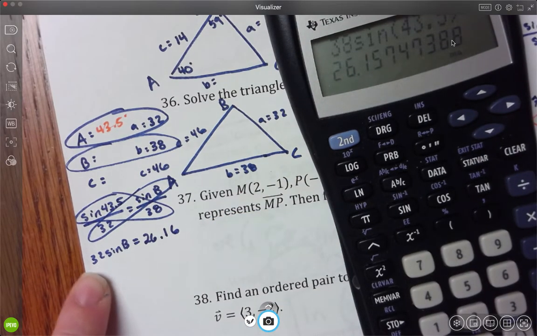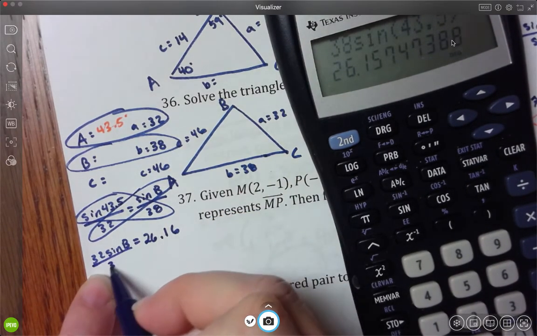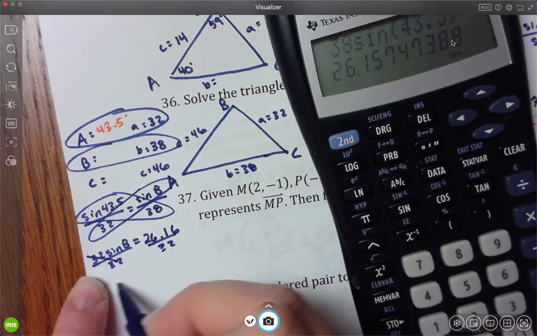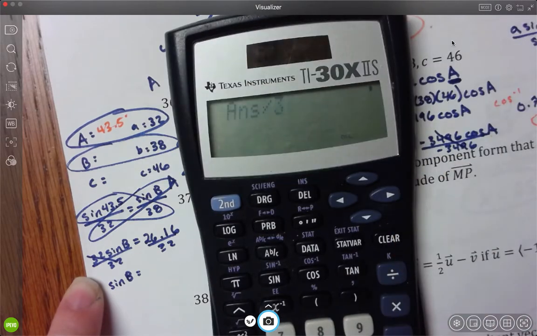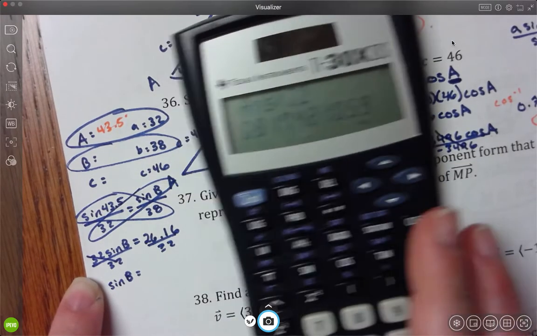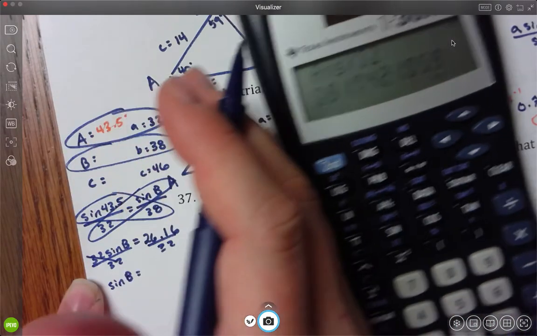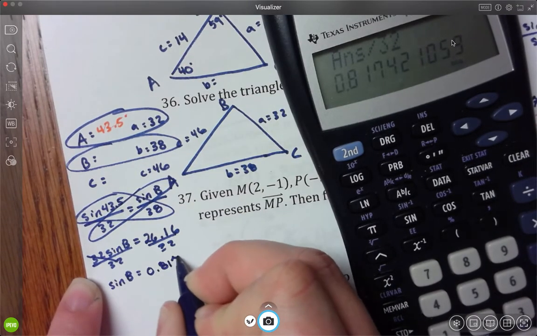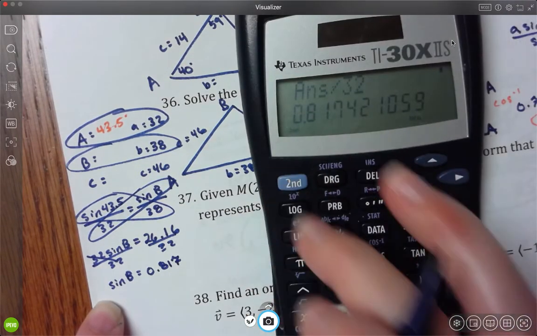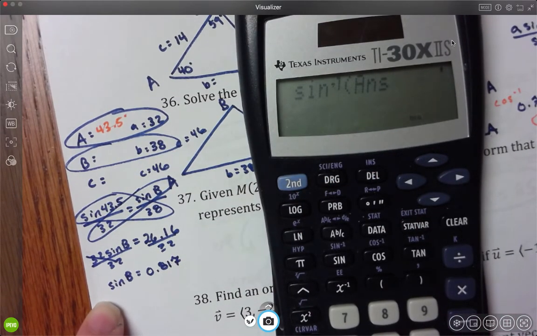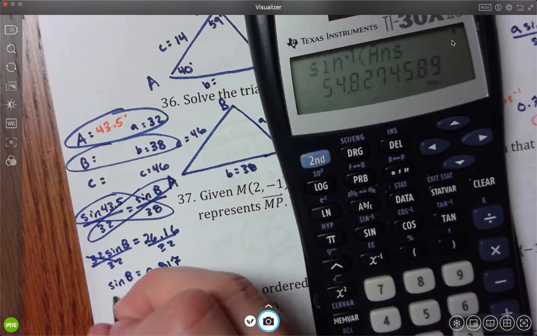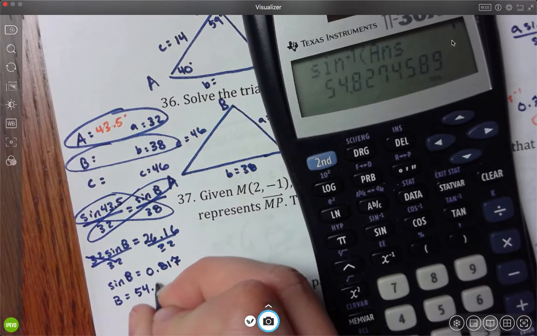Divide the 32 to the other side, and that's sine of B. Divide by 32, is that 0.817? The last thing I have to do is inverse sine of that number, and B finally is 54.8 degrees.